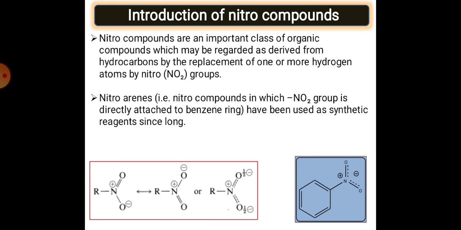Based on that, nitrogen forms a tetravalent system, though otherwise it is sp2 hybridized. So there is a positive charge on the nitrogen and a negative charge on the oxygen. The first two are resonating structures and the third is the resonance hybrid. The first two structures combined together give the third.